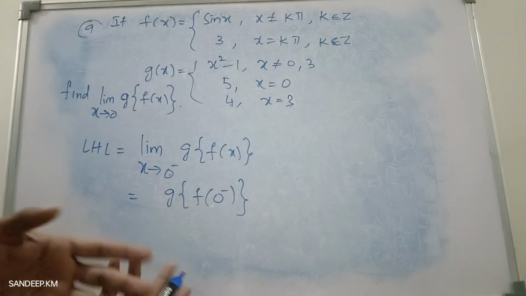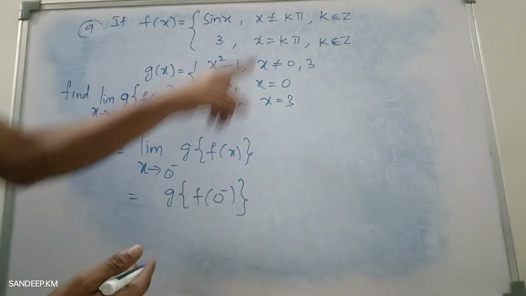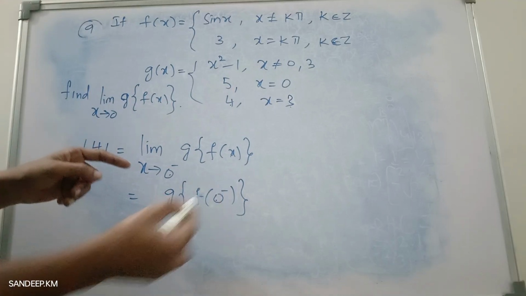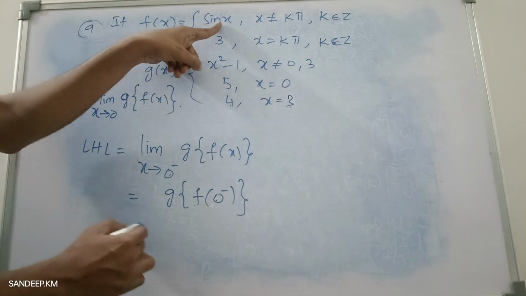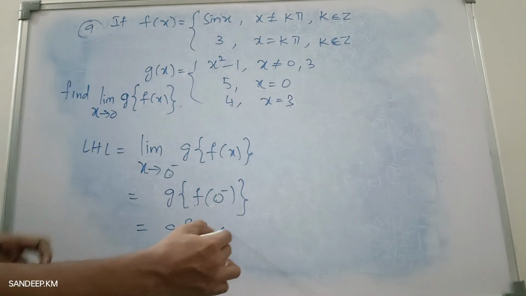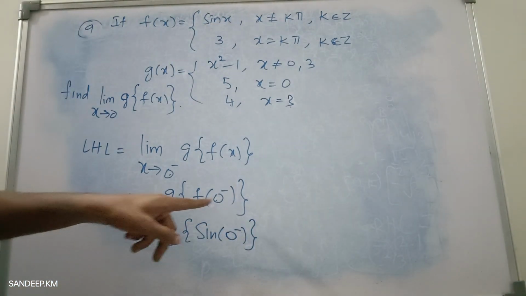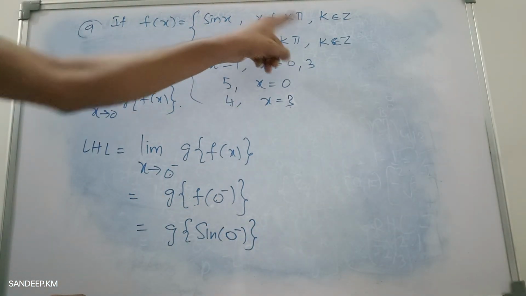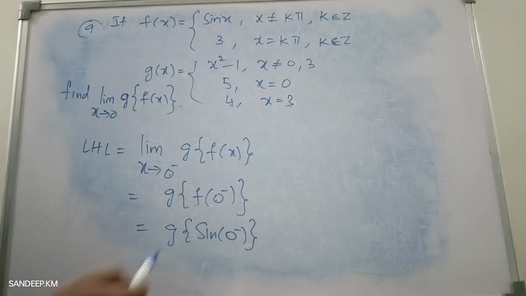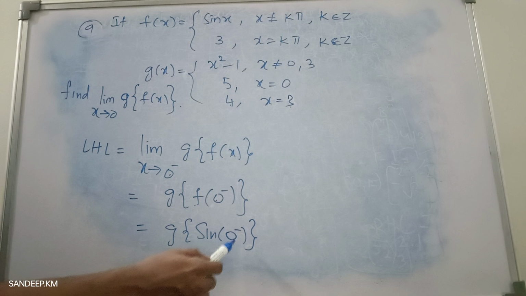Obviously it is not a multiple of pi. A number just lesser than 0 is not a multiple of pi. Therefore, f of 0 minus means I will use this function. Correct or not? So g of sine of, please observe, x means 0 minus. Because 0 minus is not a multiple of pi, so I am taking sin x. So sine of x means 0 minus. This symbol is important. Don't write sine 0. You have to write sine of 0 minus.